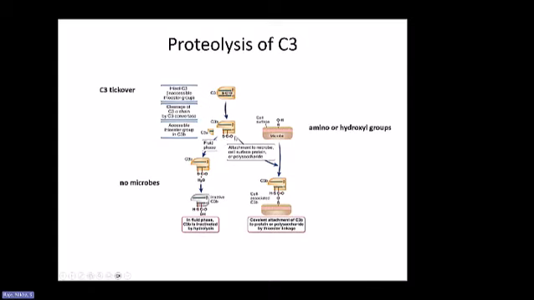C3a leads to, maybe, just inflammation, but the C3b is the one that has the broken thioester group, but that's accessible. When it's in the fluid phase, if it doesn't come across any microbe, that's going to be inactivated by hydrolysis, compared to if there is a microbe in that area, it is able to attach to that thioester bond.